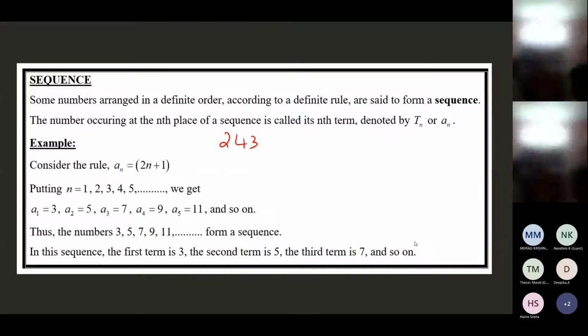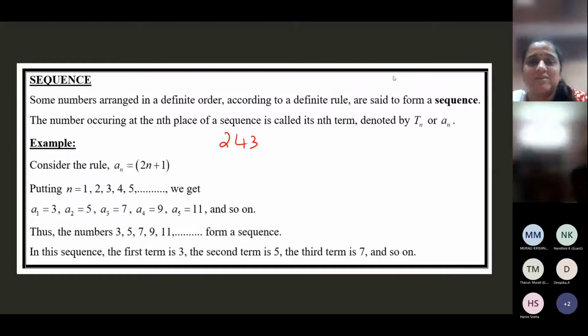Now, presentation is not visible. Nobody told me. I have not shared my presentation. I'm so sorry. Thank you, Ram. Probably each of you thought that it's not visible only for you.